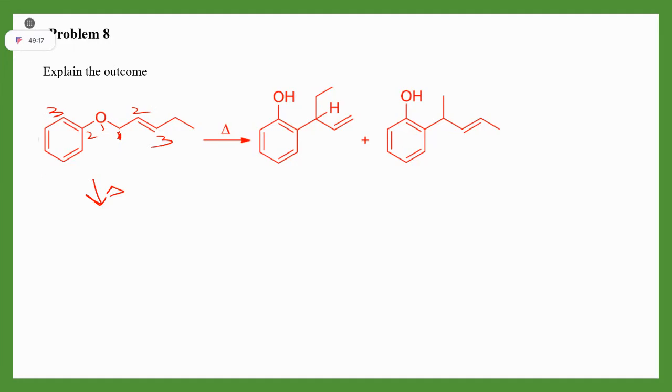Cope rearrangement or Claisen rearrangement? Exactly. Now you know that it is your Claisen rearrangement. Now just form the product and tell me among these two products which is the product for Claisen rearrangement. Is it product A or B? Which is the outcome of your Claisen rearrangement? I am also drawing. You also try. Product A is your outcome of Claisen. Are you sure? Okay, I am also drawing. You draw.